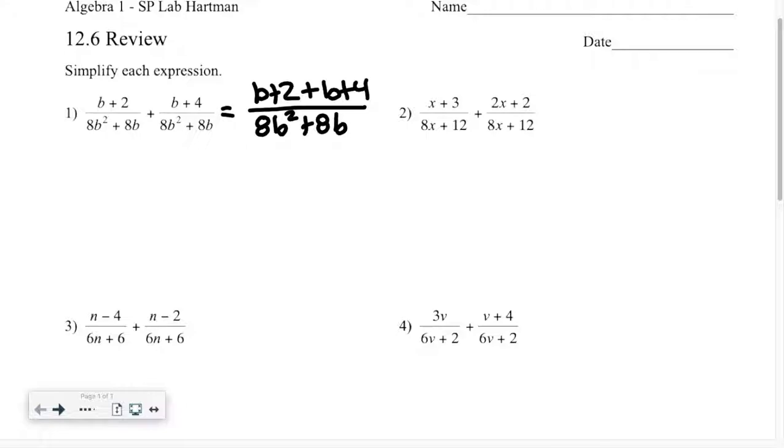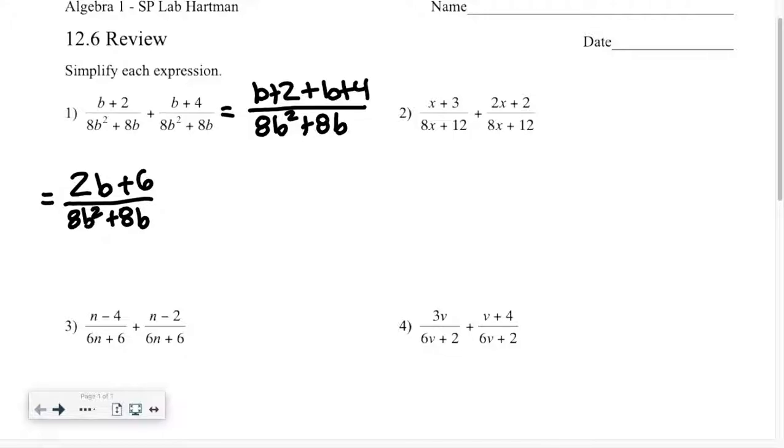Add those two binomials. Of course, we're just combining like terms, so b plus b would be 2b. 2 plus 4 would be 6, so 2b plus 6 over, again, that denominator stays the same. Okay. So there, we've added the 2 fractions, or the 2 rational expressions.